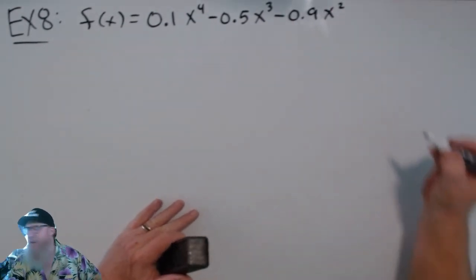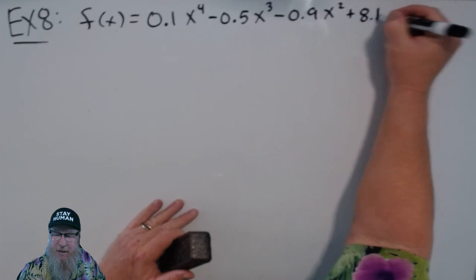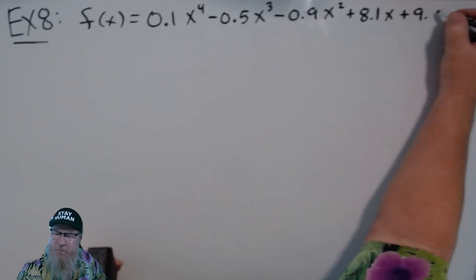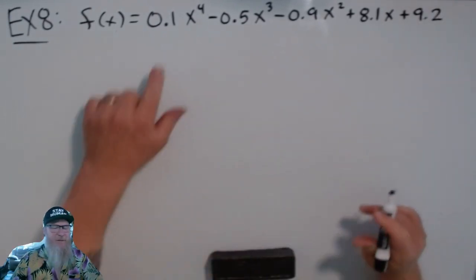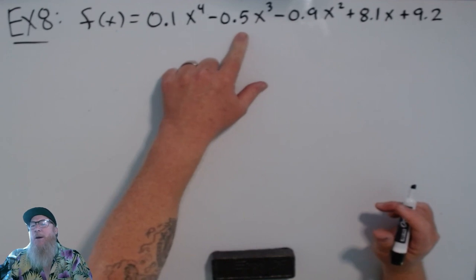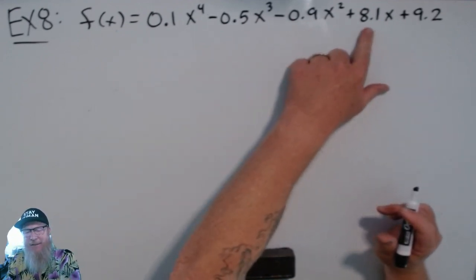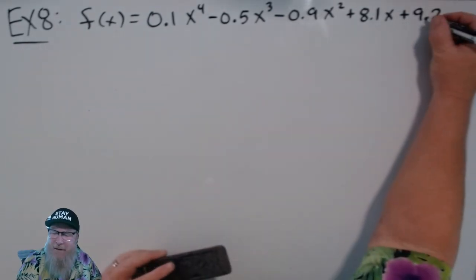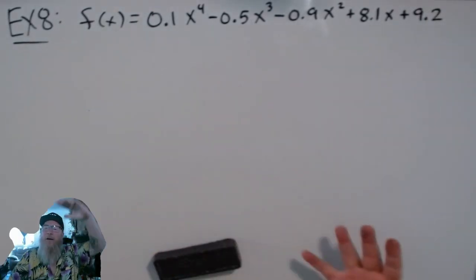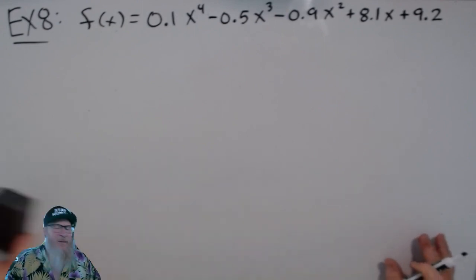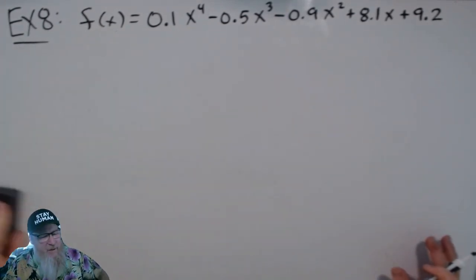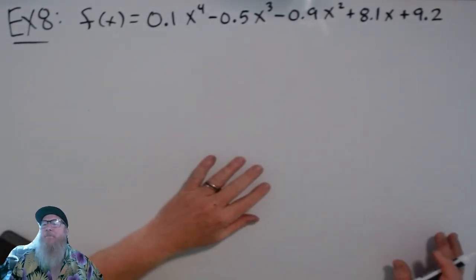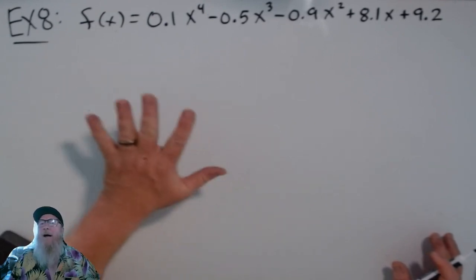With these larger degree polynomials, the decimals help keep the y values to more reasonable numbers. So this is 1/10, this is 1/2, 9/10, 8 and 1/10, and 9 and 1/5. It helps shrink the y values so that you don't end up with ridiculously large numbers, which is really just for presentation's sake. There's nothing really mathematically necessary in that approach.